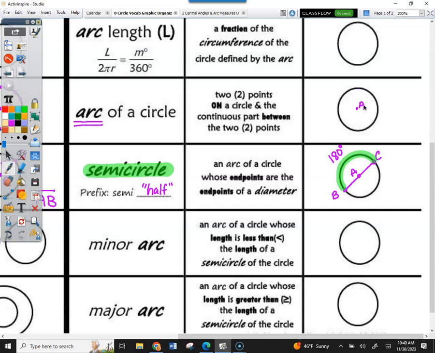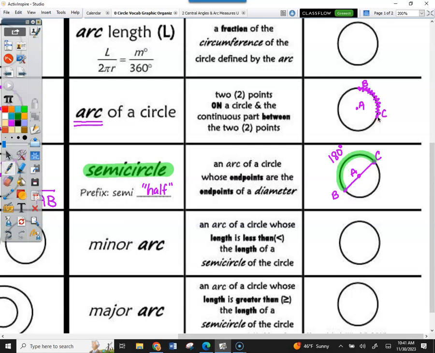I'm going to put a point B and then a point C on the circle, and I want you to take your highlighter, well, you don't have to do your highlighter if you don't want to. You can do this two ways. This is what I tend to do when we solve problems. I tend to take my pencil and I do like a squiggly on the arc that I want to draw my attention to.